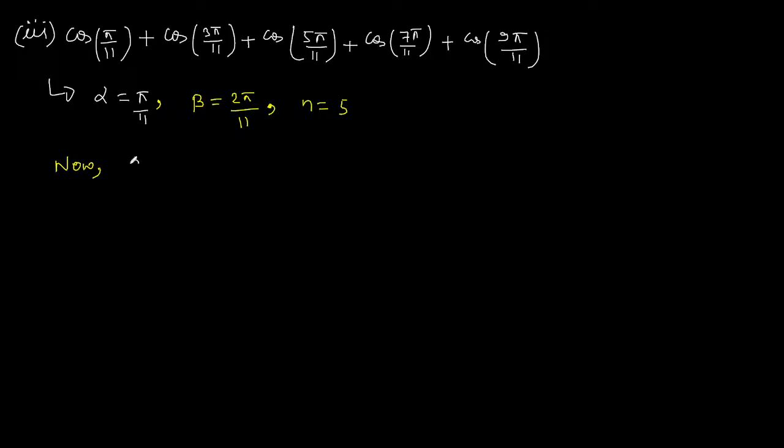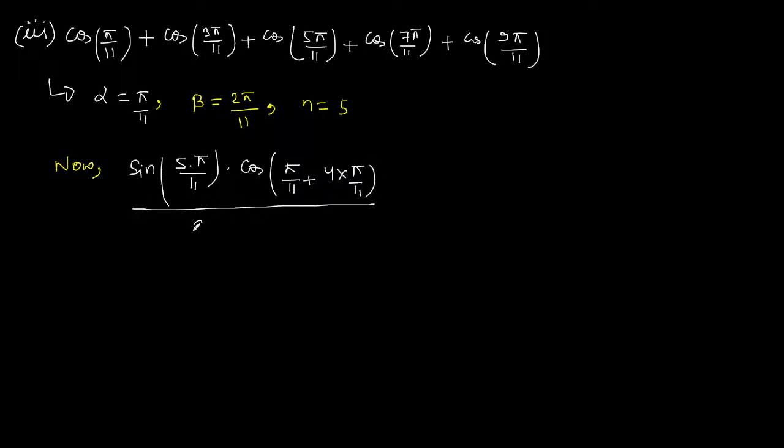Now, the formula is what? Sine n beta by 2, which is pi by 11, times cos alpha plus n minus 1 beta by 2, whole divided by sine beta by 2.